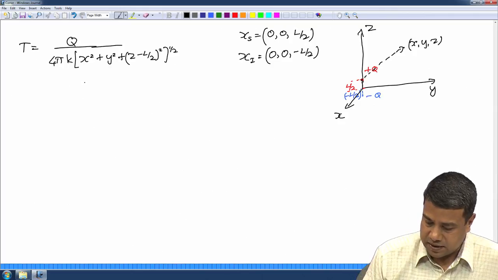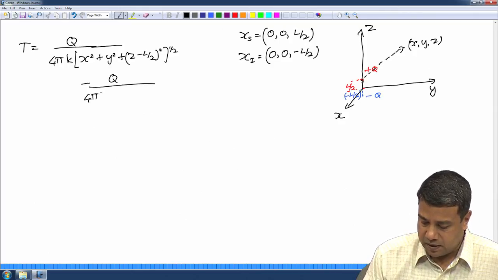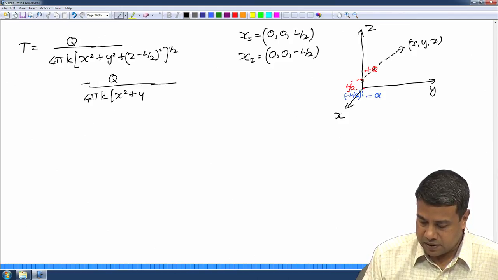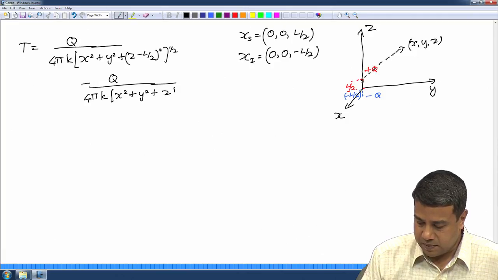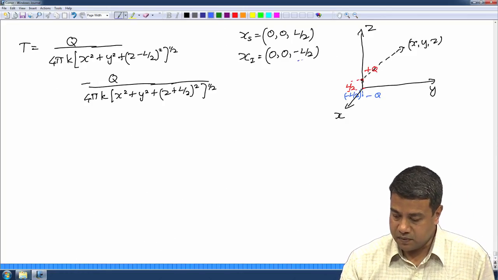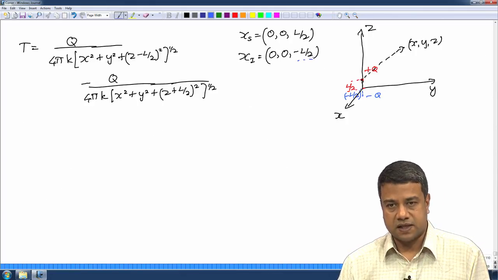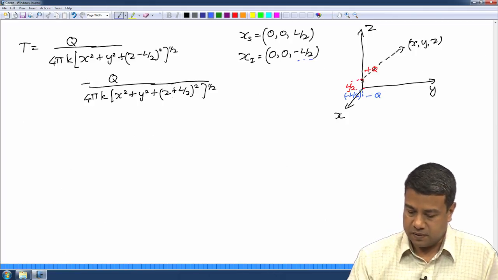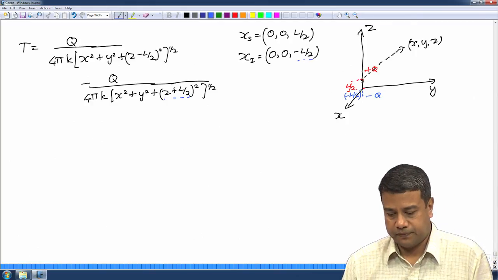So, the second term in this will be equal to minus q by 4 pi k into x square plus y square plus z plus L by 2 the whole square, whole to the half. And that is because the sink location is at z equal to minus L by 2. So, z minus the sink location is going to be equal to z plus L by 2.